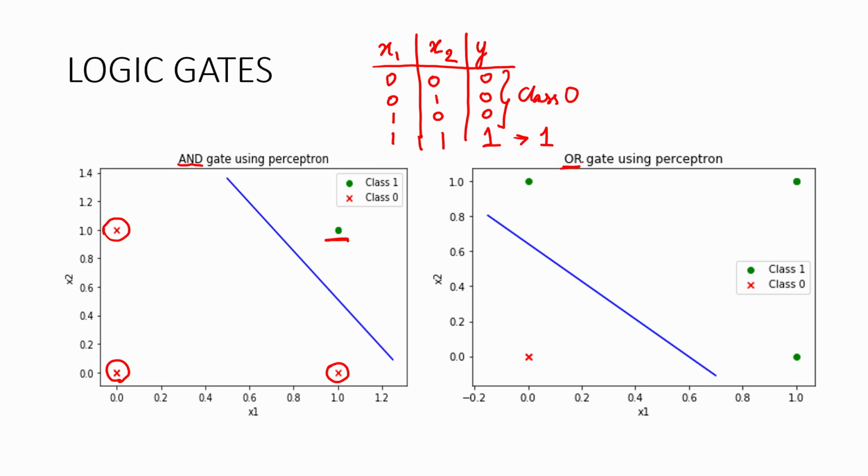From the truth table of the OR gate, we again know that the two classes are linearly separable, that is, we have x1, x2 and the output y. So, when you have 0 0, the output is 0, but for all the other inputs the output is 1.